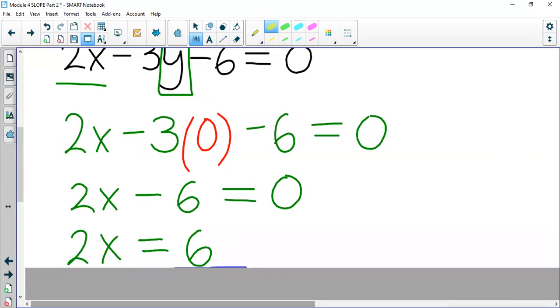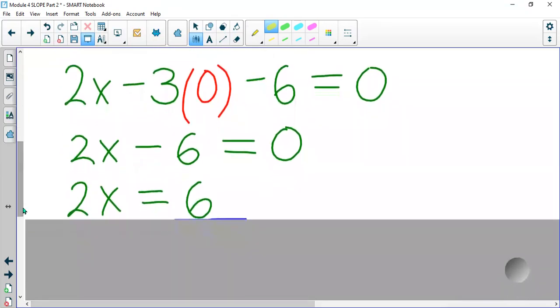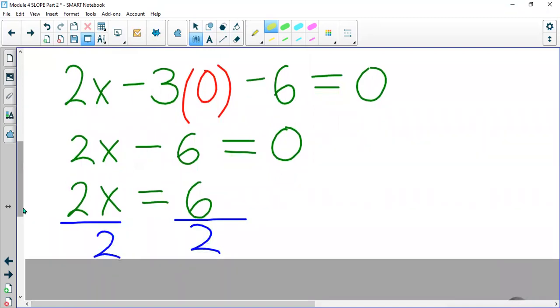I can say 2x is equal to positive 6. And if I divide both sides by 2, that is going to give me my x-intercept. It's really important not to skip any steps when you're writing this down, because every step is going to be worth marks on your test. Just make sure you're writing everything down, please.